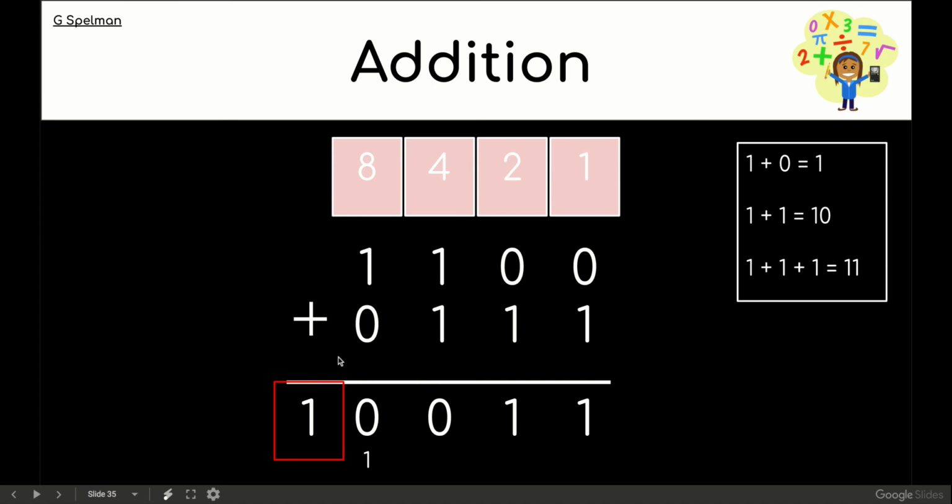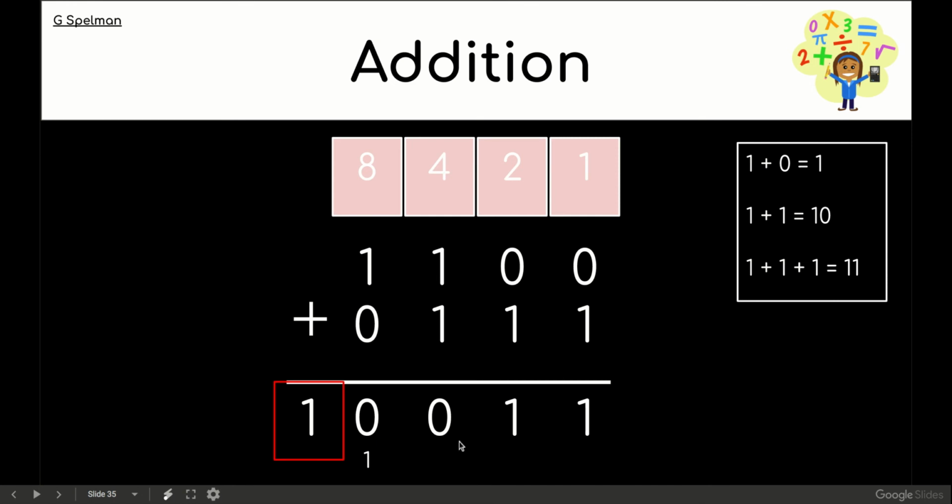Now, obviously, we're at the end here, so we've just put the 1 here, but I've drawn this red box around it. The reason I have done that is because we have added a nibble and a nibble together. If you remember, a nibble is 4 bits, and we only have a nibble to store our answer in.